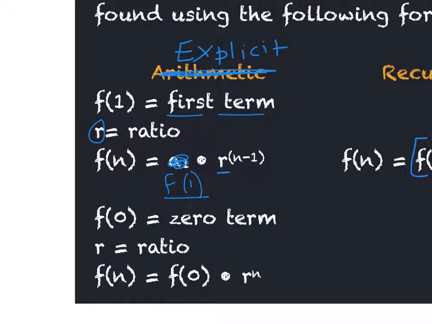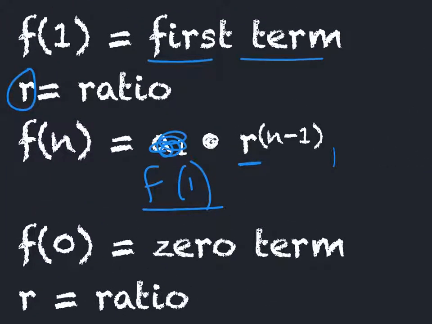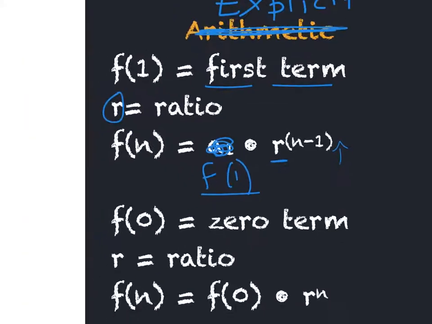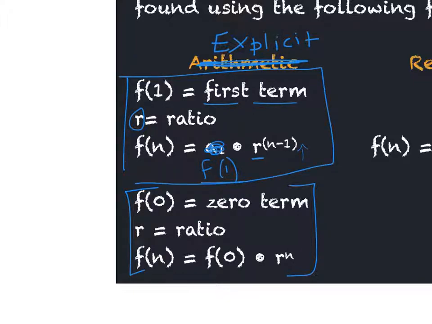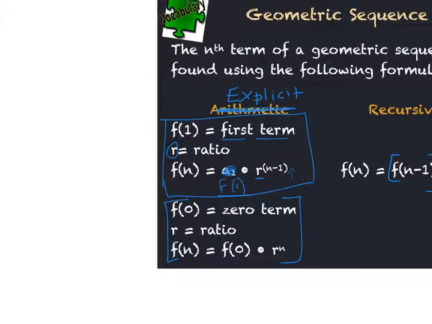And then that's going to be raised to the n minus 1 power. That's kind of difficult to see here, but that's actually an exponent. So it's f of n equals your first term, f of 1, times r raised to the n minus 1 power. Now here's if you want to do it with the 0 term, but primarily in class we're going to do it with the first term.